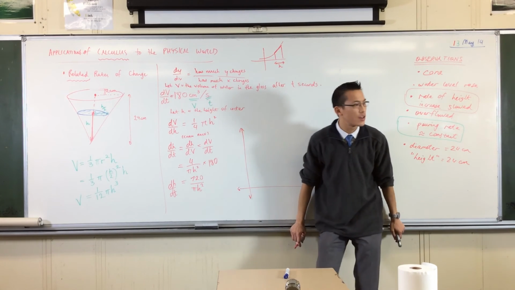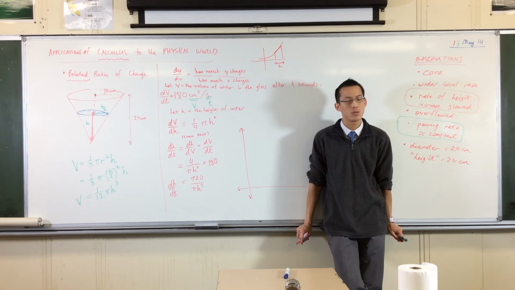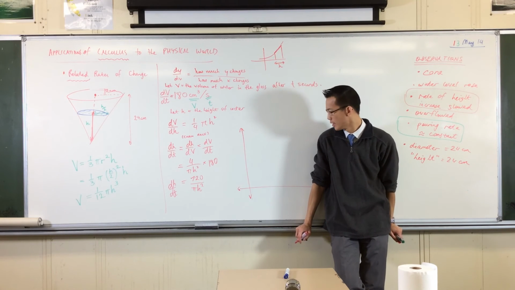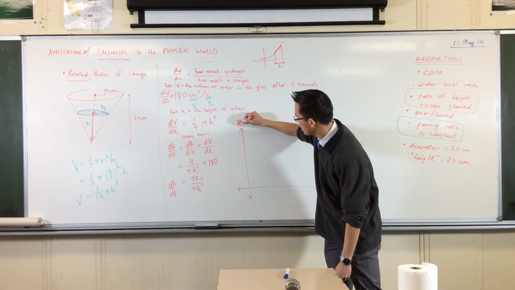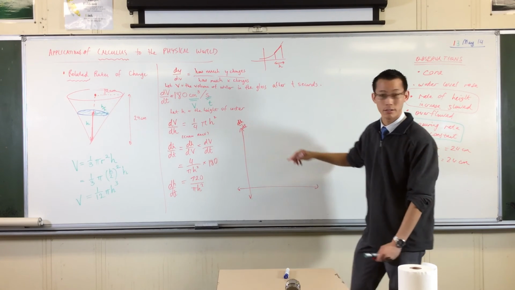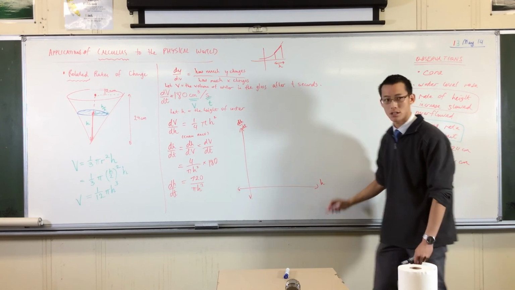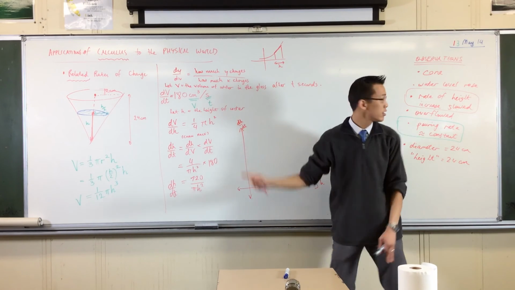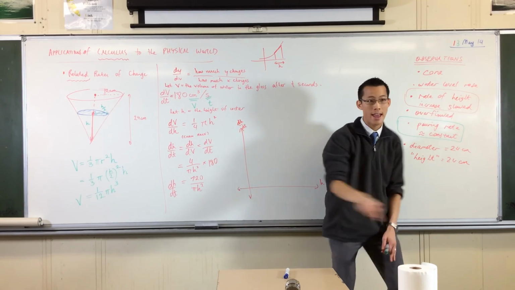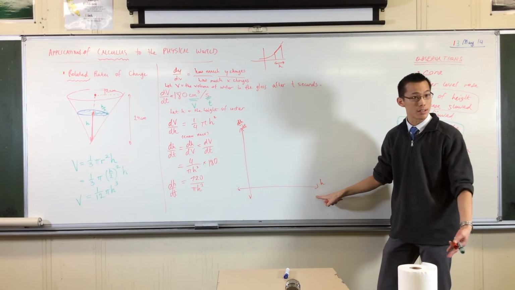Be careful, by the way. What are my axes going to be? We're so used to x and y axes, we just kind of do it blindly, don't we? What are my axes going to be? Okay, so this one's going to be dh on dt, isn't it? That's what we're plotting on the vertical. And this is going to be h. So we're thinking about what happens to the rate of the height change, height increase, okay, as the height increases.